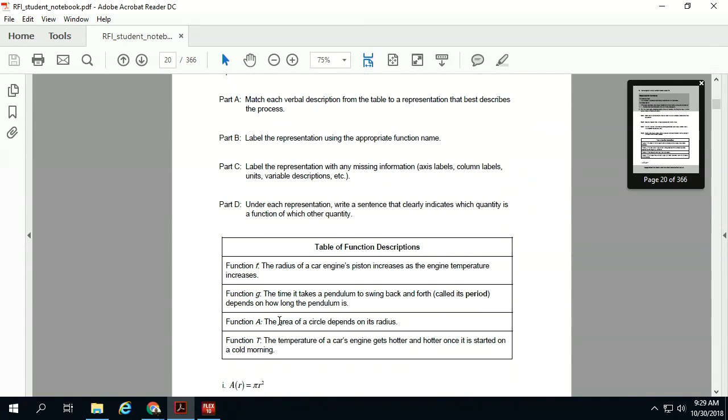Function lowercase f, function lowercase g, function uppercase A, and function uppercase T. It says for part A, match the description from the table to a representation that best matches the process.